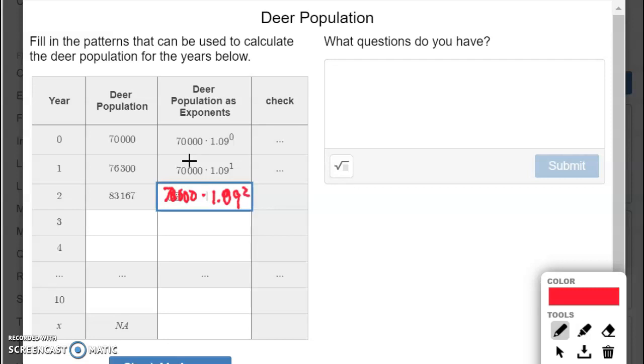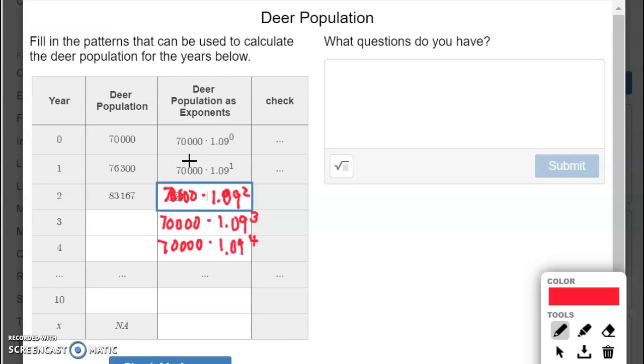Okay, so then do you notice the pattern here? It's going to be 70,000 multiplied by 1.09, this time to the power of 3. 70,000 multiplied by 1.09 to the power of 4. Do you see the pattern?